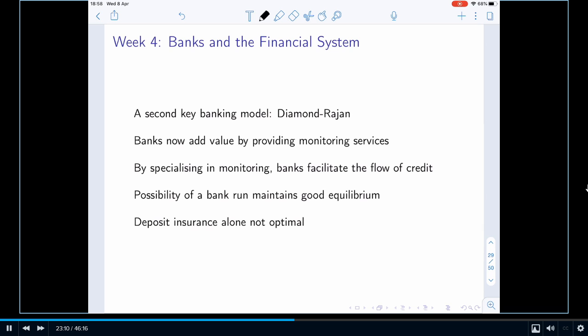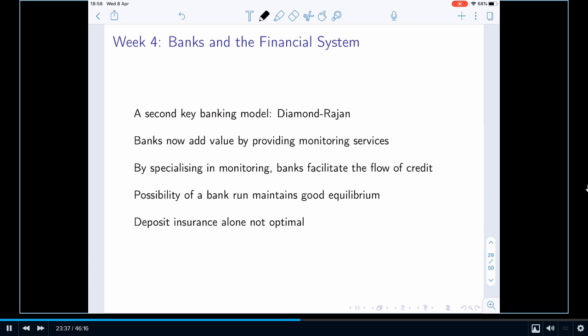That's the basic story. Here, however, the whole reason the banker is adding value is because you need to monitor the entrepreneur. But similarly, depositors also need to monitor the banker. So the banker can also misbehave in this model. And the possibility of bank runs in this model is actually going to be a good thing.